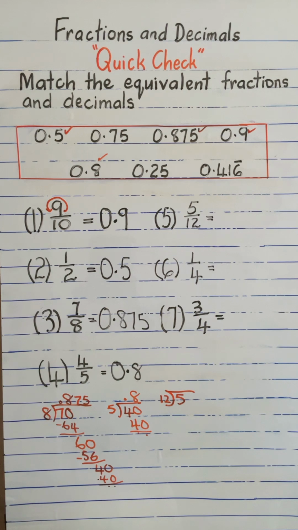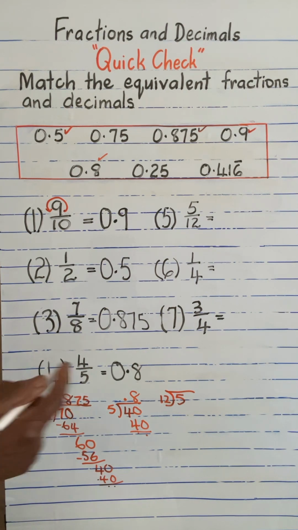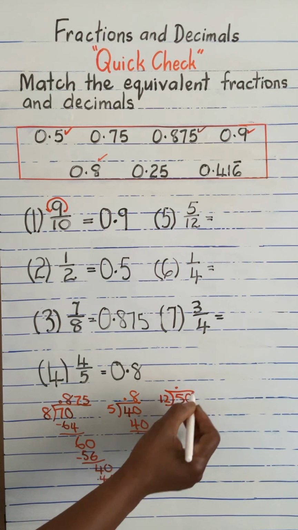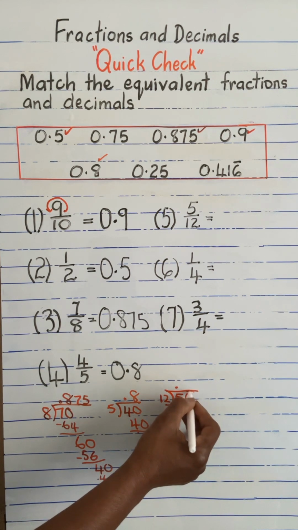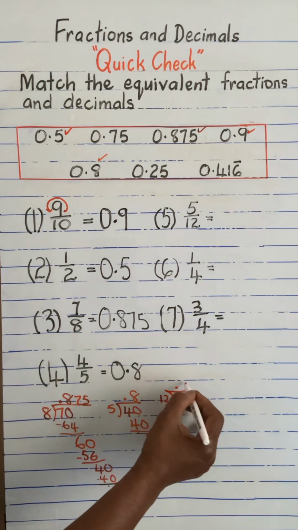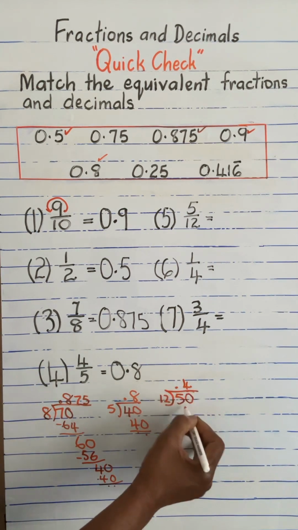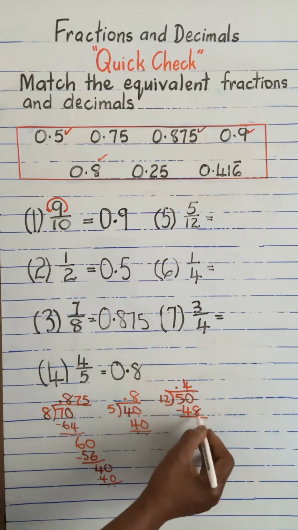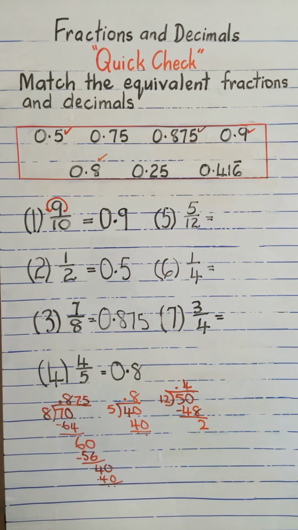How many times can 12 go into 5? No time. Put a point and a 0. How many times can 12 go into 50? 4 12s, 48. Multiply, we get 48, we subtract, and we get 2 right here.